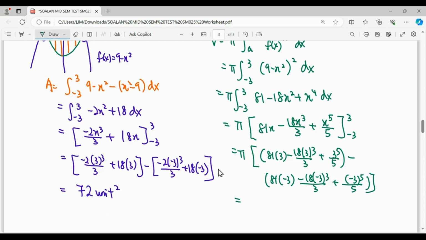Then lastly, you can use your calculator to simplify. Here we get 1296 over 5, times pi, units cubed for the volume.